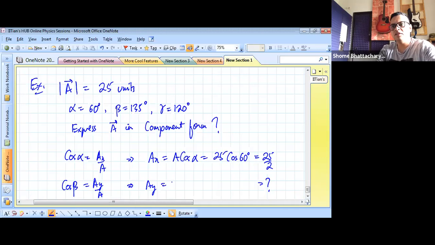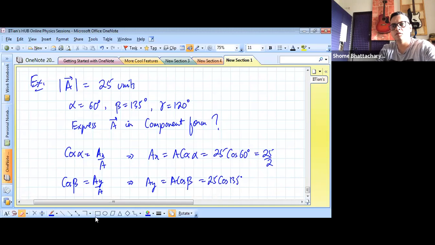Okay, so how much will Ey be? 25 cos, correct. Cos 135 will be minus 1 by root 2. So this will become minus 25 by root 2. And similarly, Ez will also be negative.